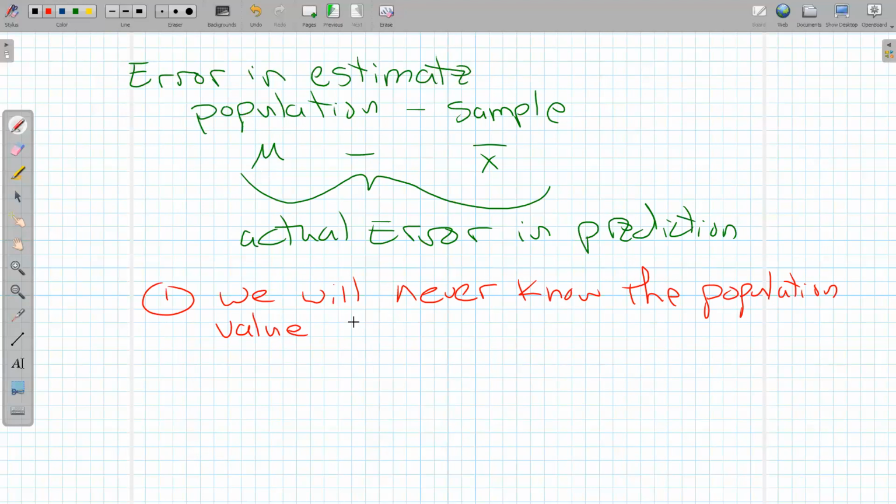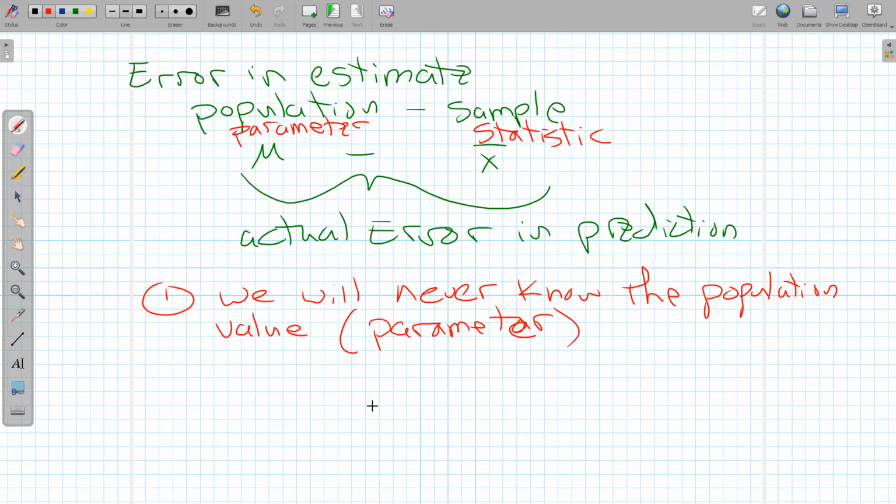That population value is in general known as the parameter for the population. So I have this population parameter mu, and I have this sample statistic, X bar, the mean.